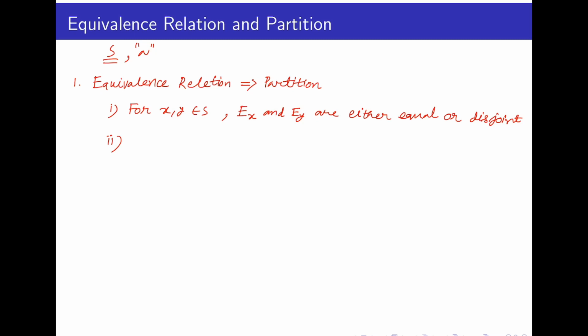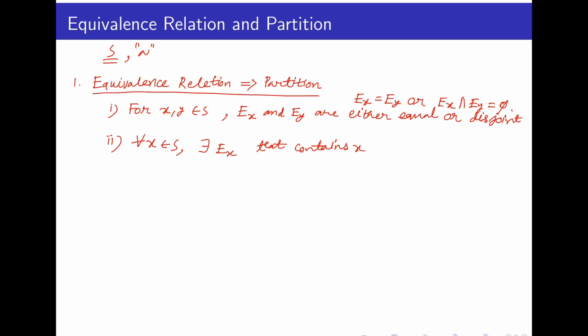Second is, for any x belongs to the set S, there exists an equivalence class E_x of x that contains x. So either E_x equals E_y or the intersection of E_x and E_y is phi. So we can achieve a partition.